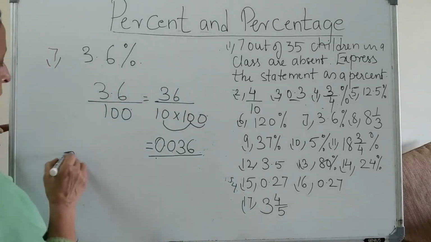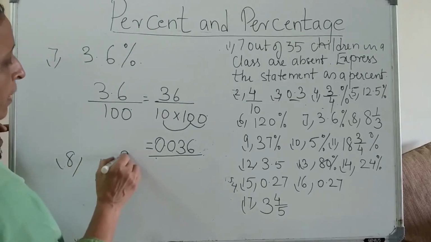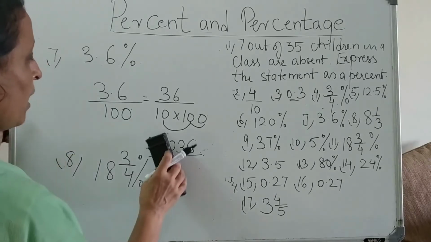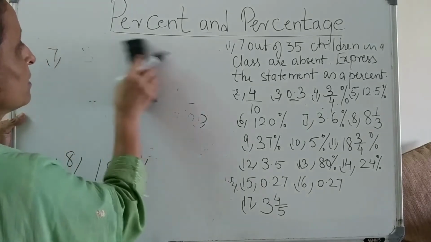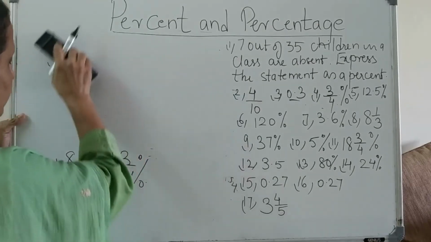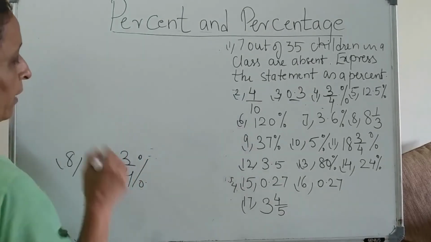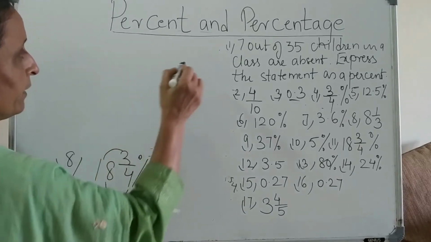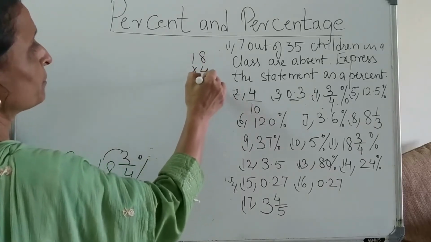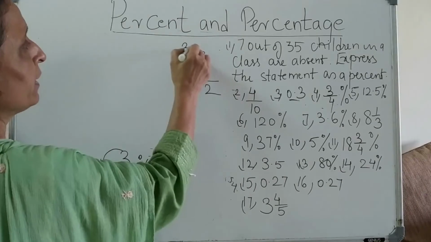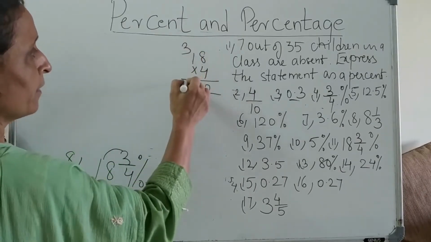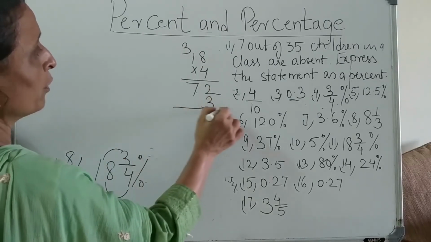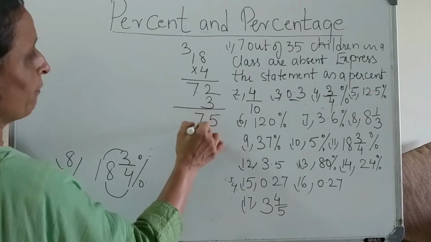Now next is 8, that is 18 3 by 4. This is in percentage. I want in fraction and decimal, so I have to divide. So let me see how we can do. First you have to multiply 18 into 4 and then add 3. So 18 into 4. 8 4s are 32, 3 carry, 1 4s are 4, plus 3 is 7. Now this 3 has to be added. So now 2 plus 3 is 5, 75.